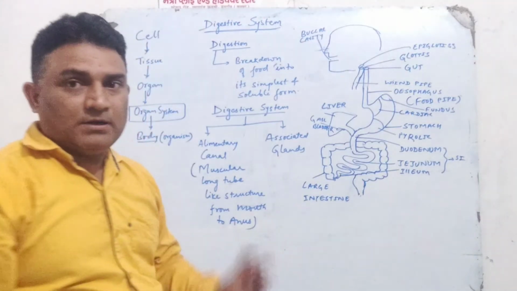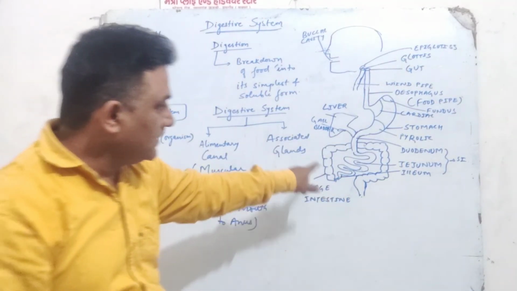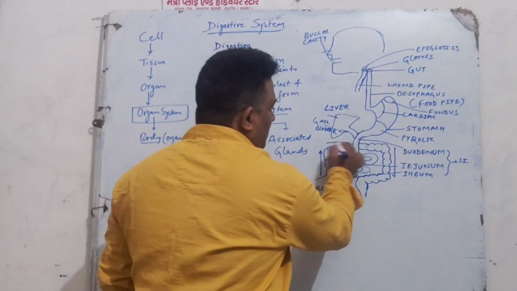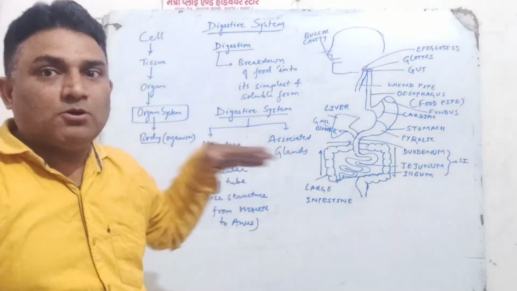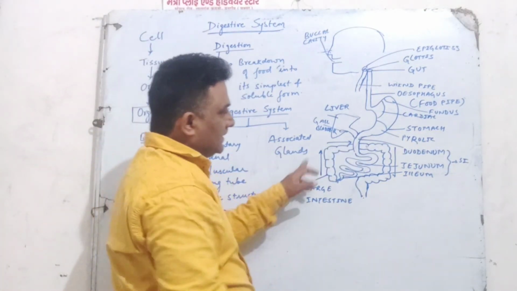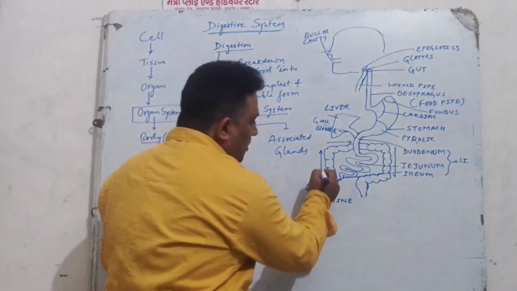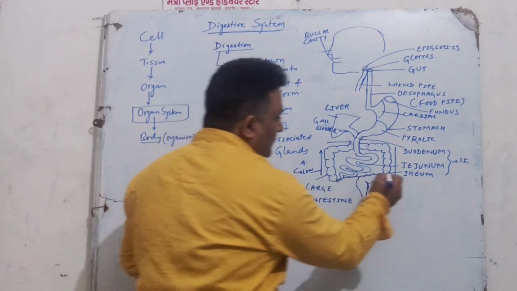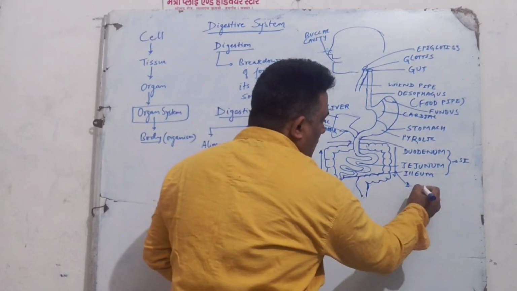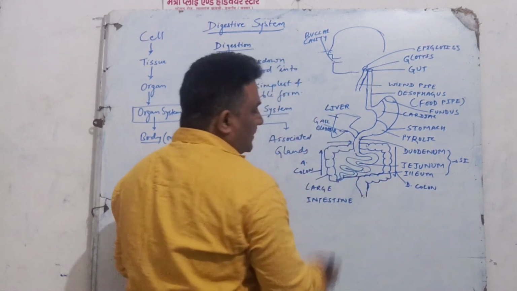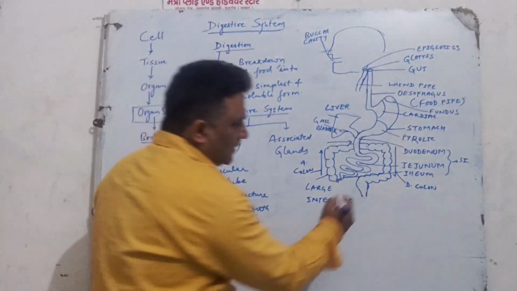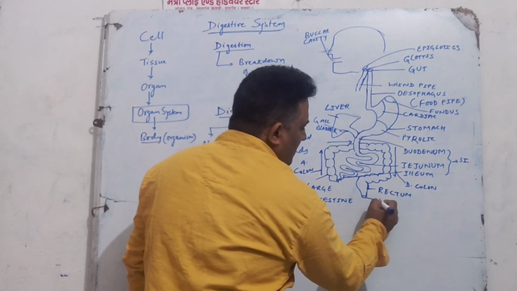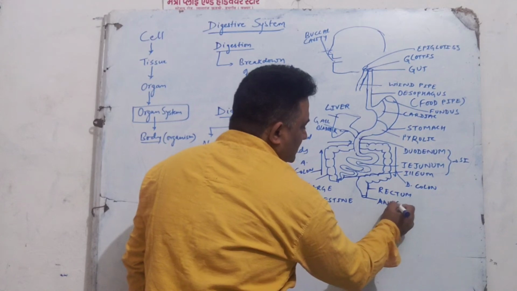This is the ascending as it is moving up. This is the descending as it is moving down. This is the transverse, which is at the horizontal plane. This part is called the rectum. We will discuss it, and the last opening is called the anus.